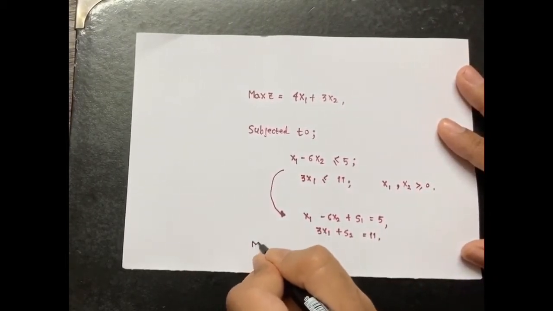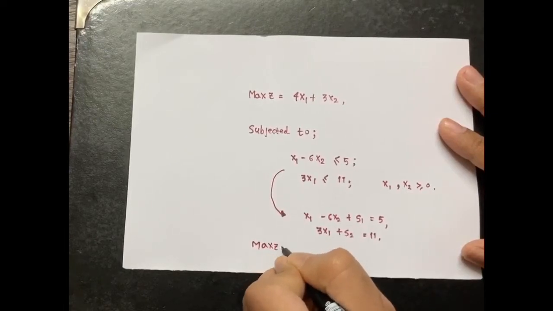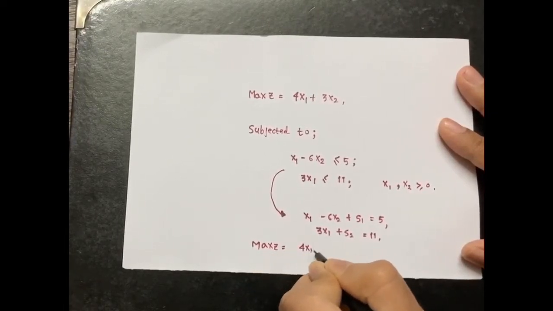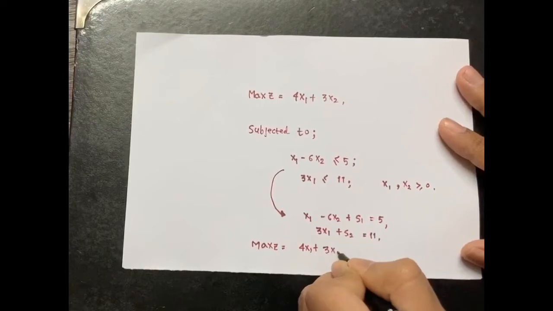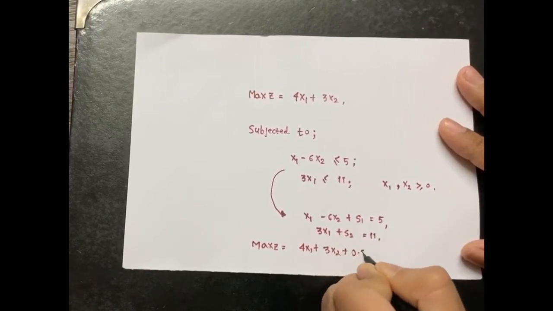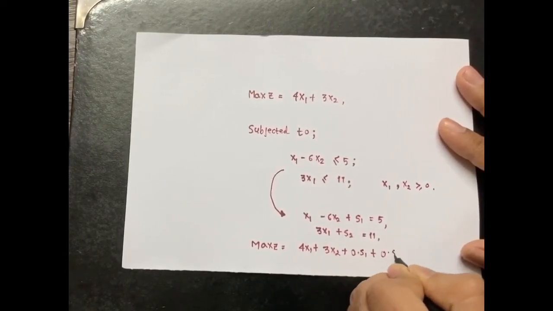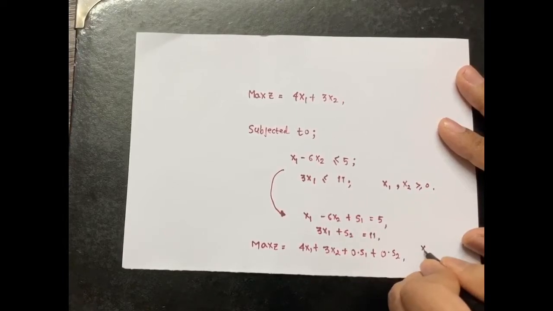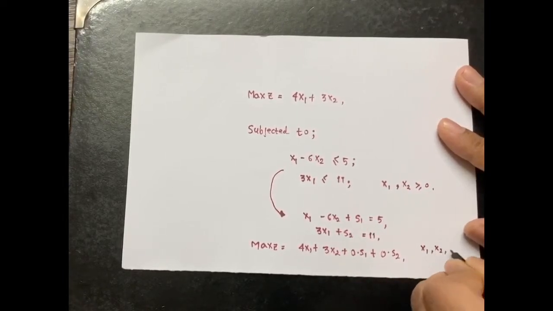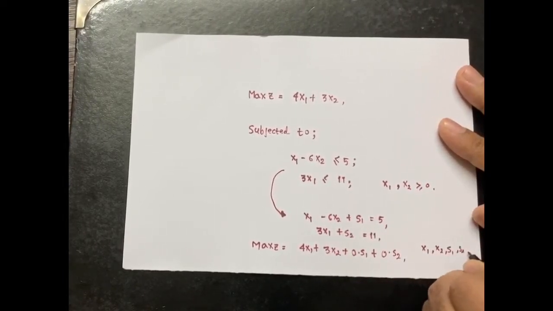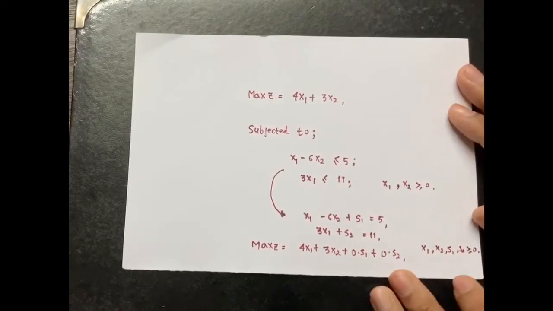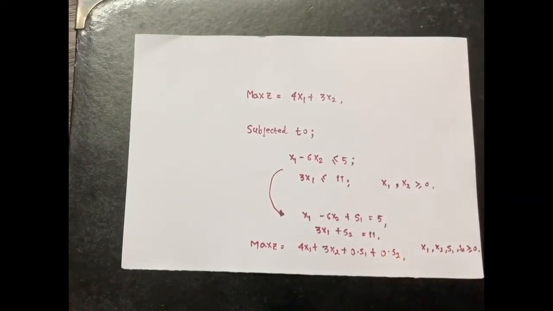My objective function in this case will be max z = 4x1 + 3x2 + 0s1 + 0s2, subject to x1, x2, s1 and s2 greater than or equal to 0.